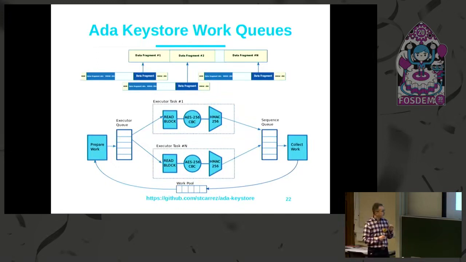This means that the blocks are processed independently in whichever order, we don't care. But when we want to read them, we want to reconcile the order of our blocks, which means that we want to output the first block, second block, and so on, which is why there is this sequence queue.